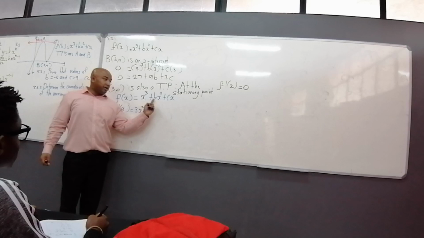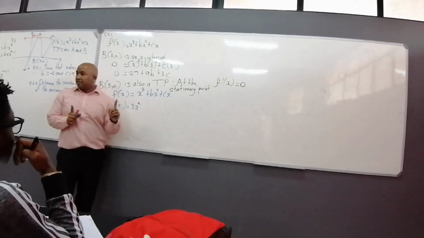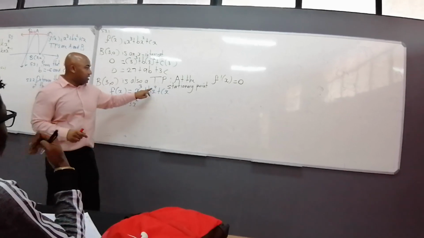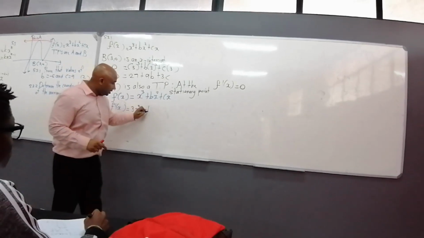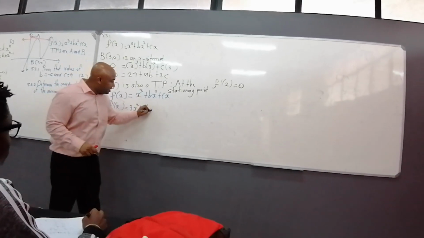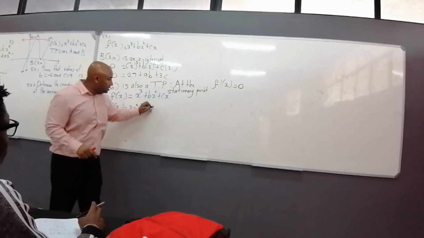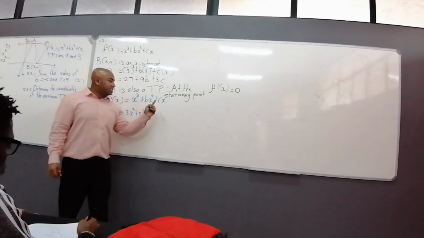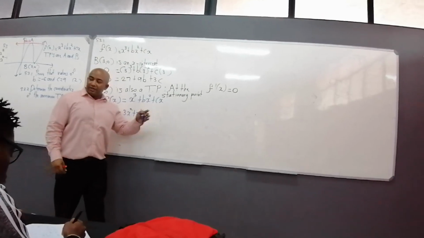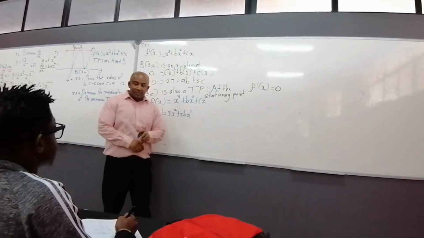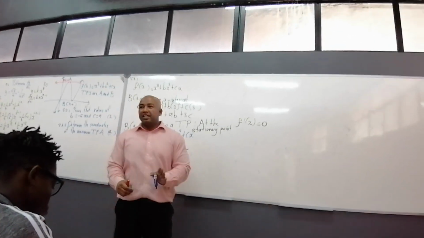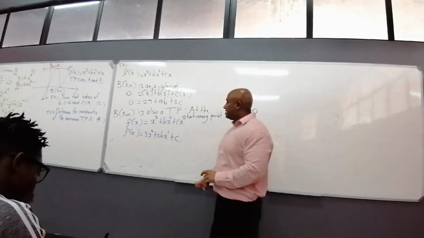Remember, b represents a number, so imagine b as like 2, 3, or whatever. So it's going to be b times 2, which is 2b, x to the 2 minus 1, which is 1. Now, what is the derivative of cx? As you all know, the shortcut is c. The derivative of cx is c.